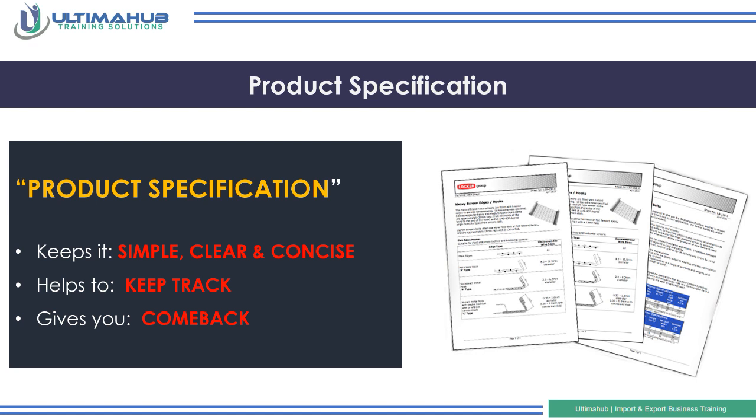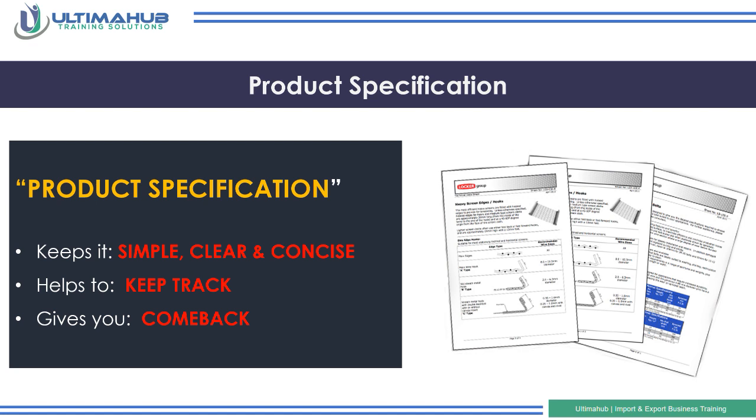And also it gives you comeback as well. Often most of our customers will send the same product specification document, updated over time, to the supplier again and again, so that the supplier knows exactly what is expected of them. If you receive something that is different to your product specification, then you can say, hey, look, I sent you an email, it included the product spec, you agreed to it.